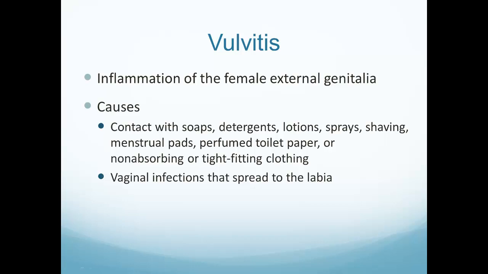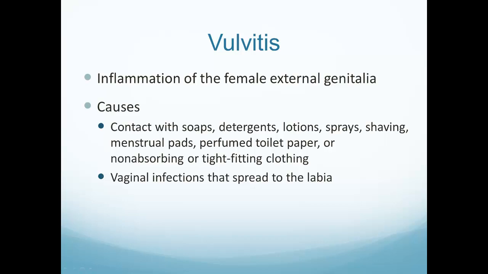Vulvitis is an inflammation of the external genitalia, and this could be caused by a variety of different things. It could certainly be infectious in nature, but in many cases it's caused by something irritating. So maybe that person is wearing clothes that are too tight fitting. We may see this in runners.